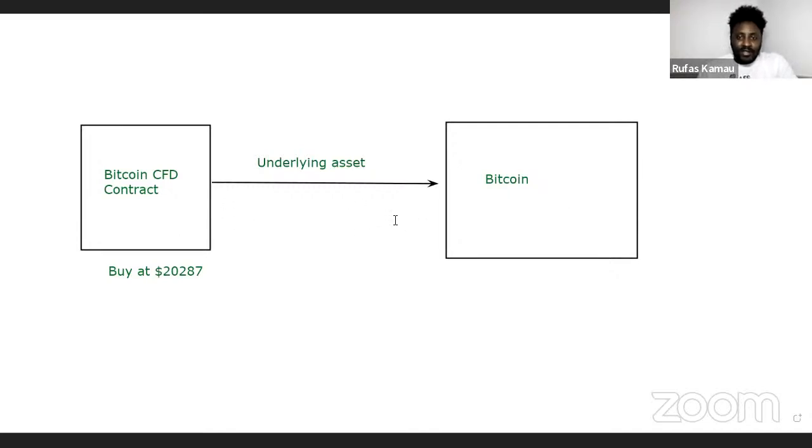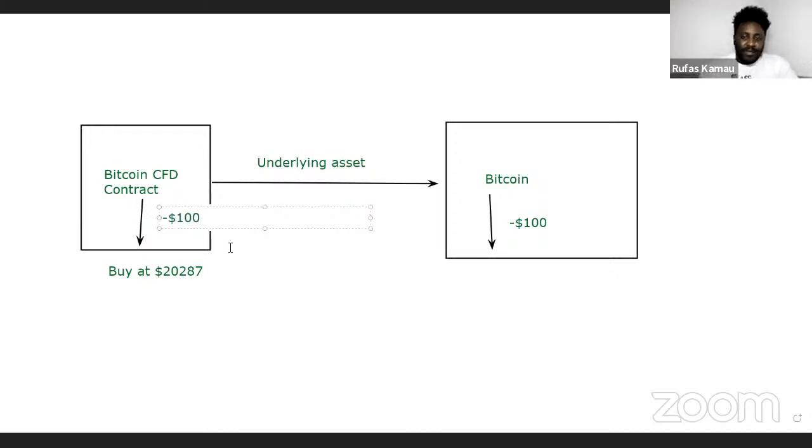So if, for instance, the price of Bitcoin goes down by $100, then the contract also goes down by $100. I'll write this quickly.